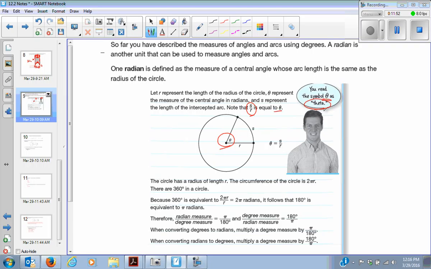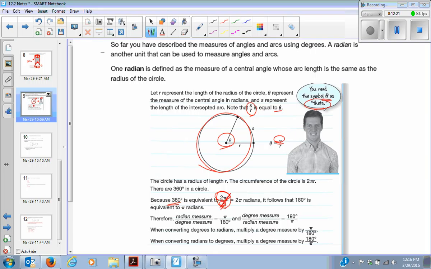The circle has a radius R, the circumference of the circle is still 2 pi R, and there are 360 degrees. Because 360 degrees is equivalent to 2 pi R divided by R. Remember, S in this case is going to be the whole circle, which is the whole circumference, and I'm dividing it by the radius.